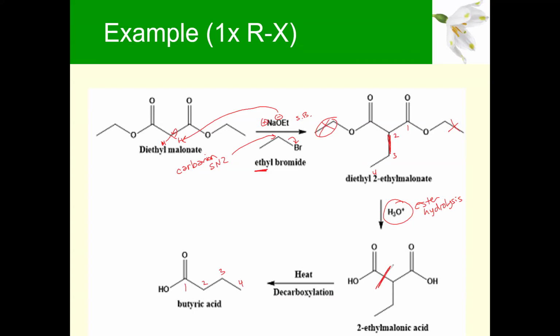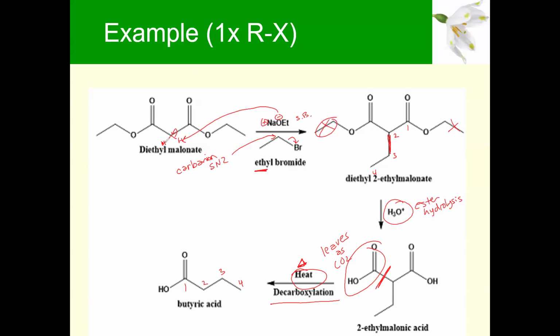So what we need to do is split off this part. We can just add the note: leaves as CO2. We decarboxylate it just by heating it up. Also remember that sometimes they don't even write the word heat, they just use the capital Greek delta. That's the other abbreviated way of saying you heat something, typically to reflux, whatever temperature it boils at. All right, so that's if we do it one time.